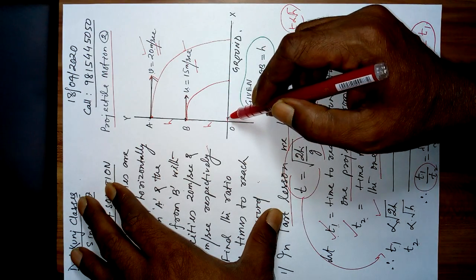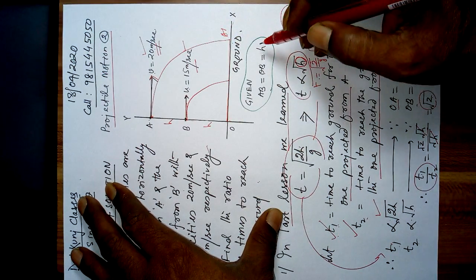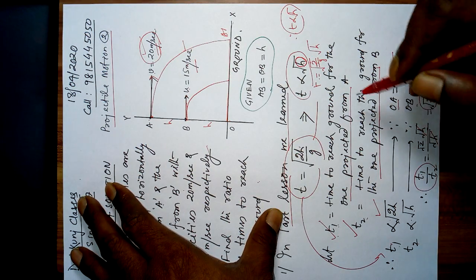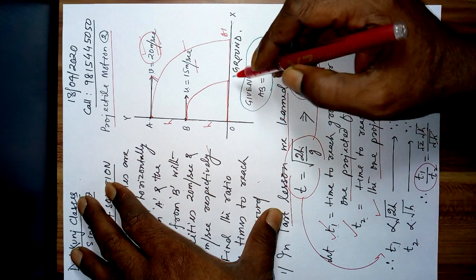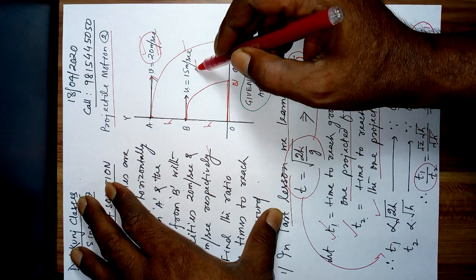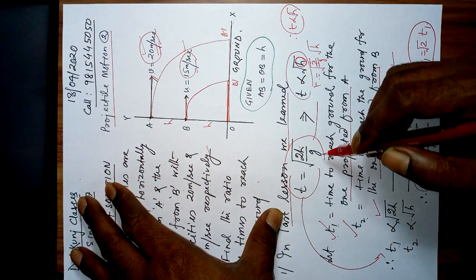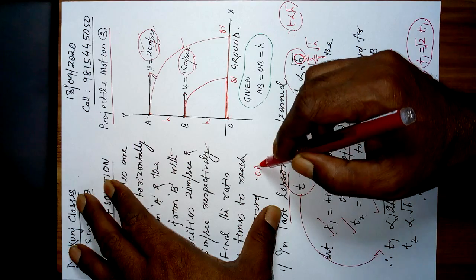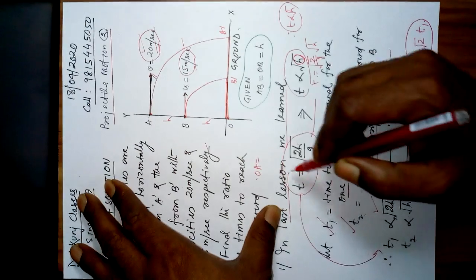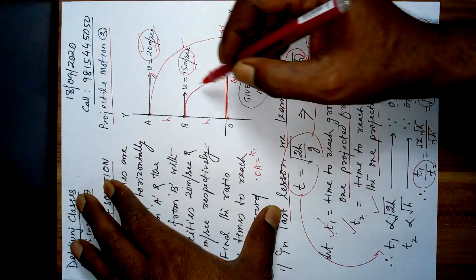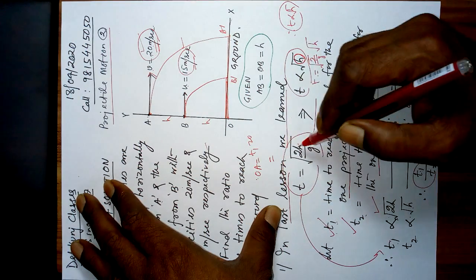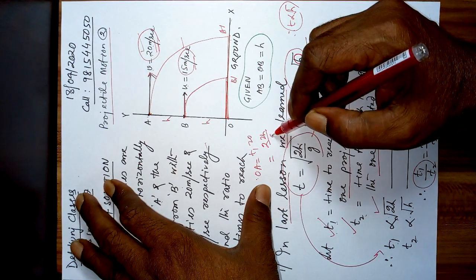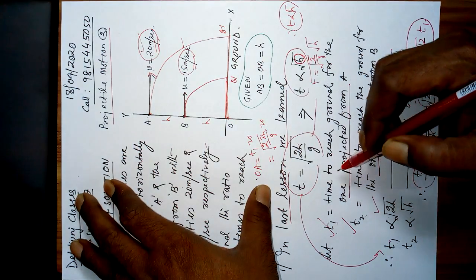This distance from O to, let's say, this point A dash will be equal to this speed into the time t1, and this distance, let it be OB dash, will be this speed into the time t2. So to find this distance, OA dash will be equal to t1 into the speed, and t1 is equal to square root of 2 times 2H divided by G, into 20.